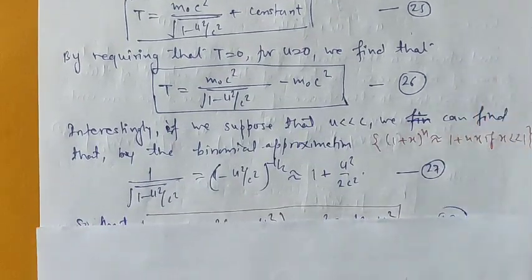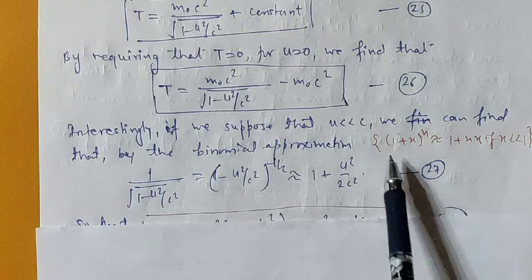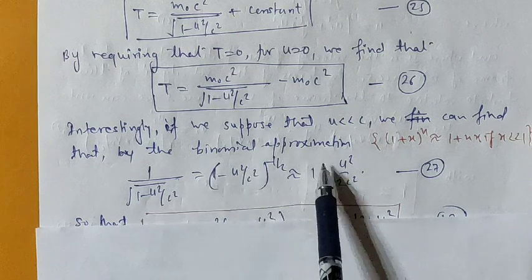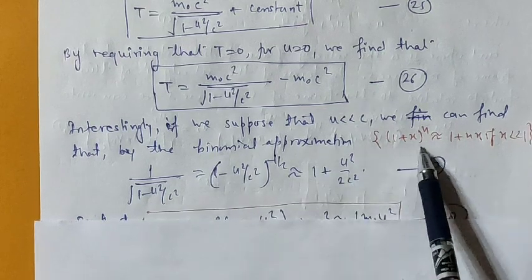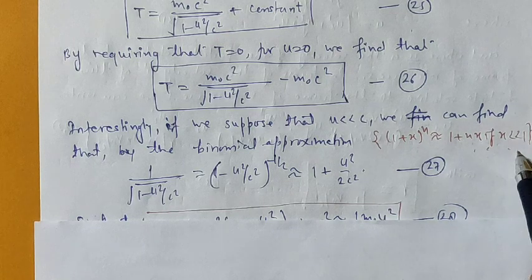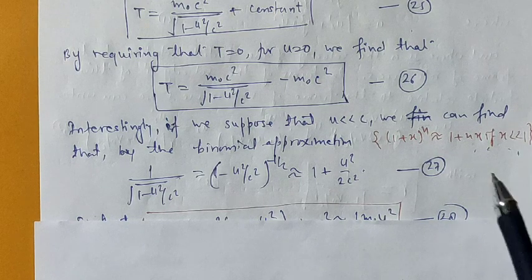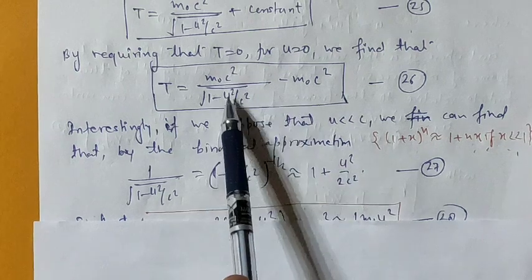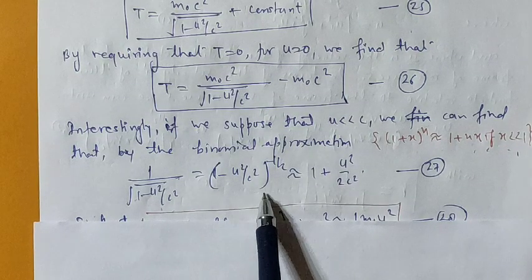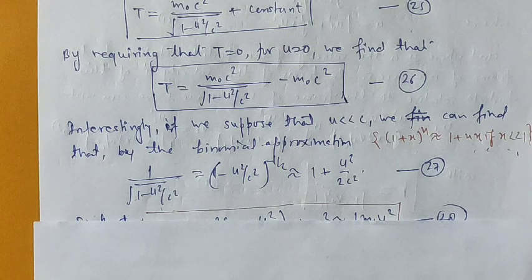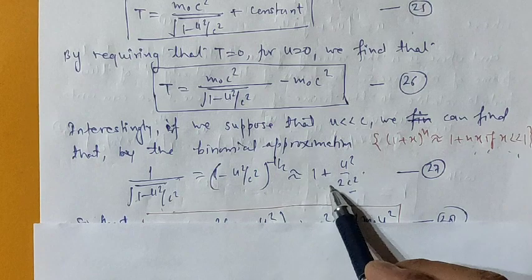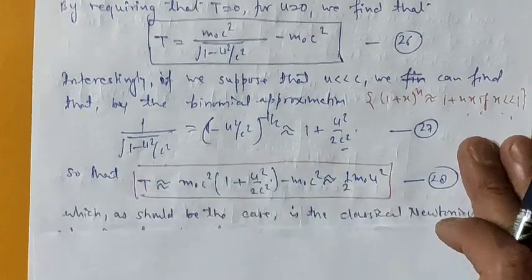Interestingly, if we suppose that u is very much less than c, we can use the binomial expansion. We know that (1 plus x) raised to power n is approximately 1 plus nx if x is very much less than 1. In the same fashion, 1 upon root of 1 minus u square by c square can be written as 1 minus u square by c square raised to power minus 1 by 2. If we expand it up to the first term only, it is 1 plus u square divided by 2 c square.